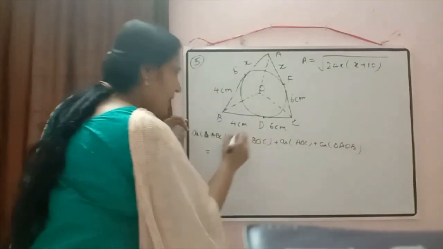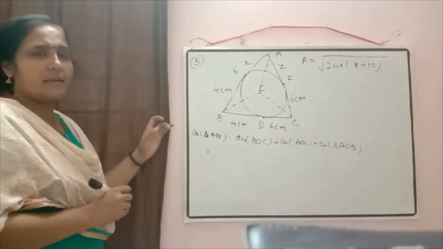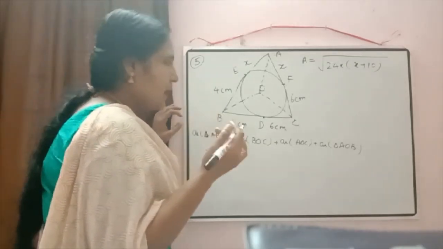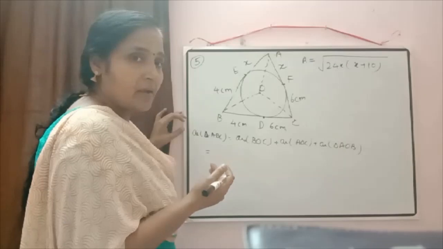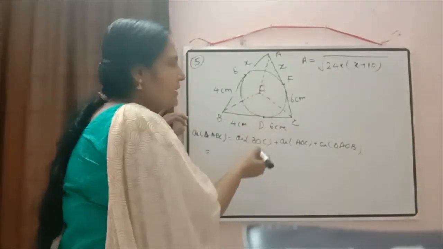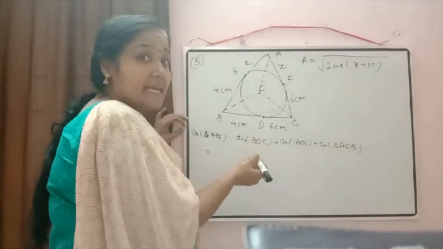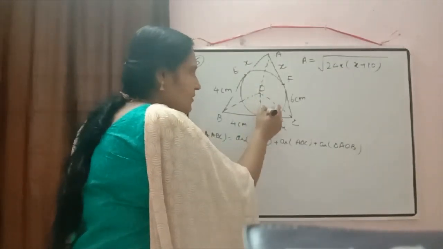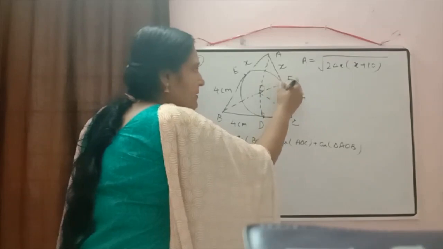Now to find the area of this triangle, we'll use the concept of half into base into height. So height means that should be a perpendicular one. So how perpendicular will come here? We know radius is perpendicular to the tangent there. So in this way we can draw the perpendicular here.